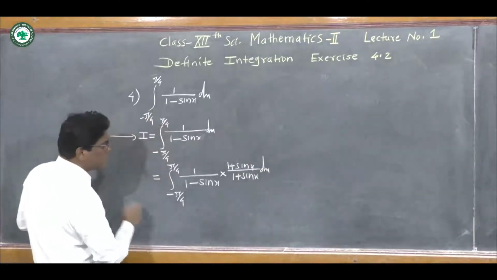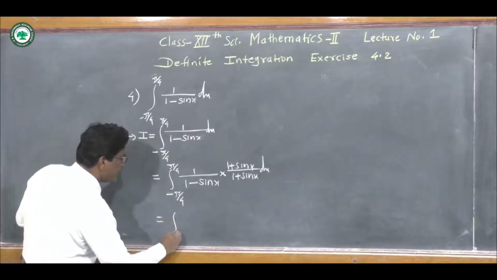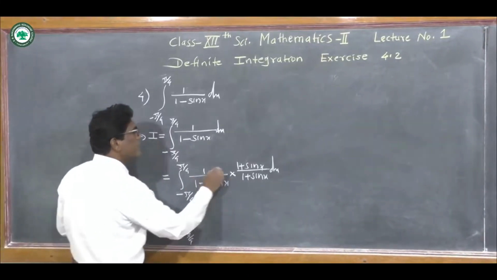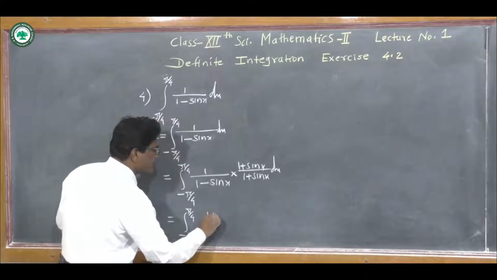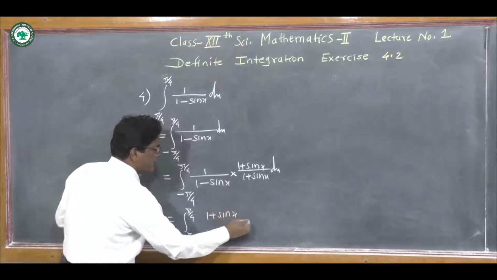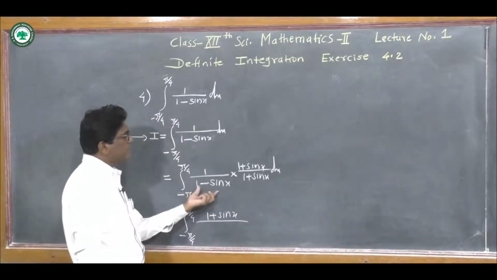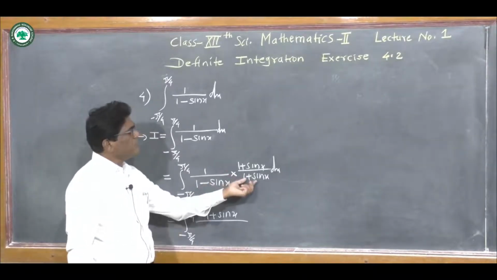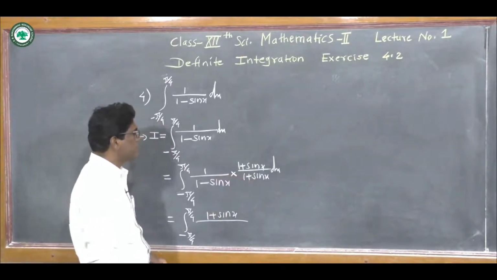So this is equal to integration from minus pi by 4 to pi by 4, 1 into 1 plus sin x, that is 1 plus sin x, and here in the denominator 1 minus sin x into 1 plus sin x, that is a minus b into a plus b. Use the formula a square minus b square.